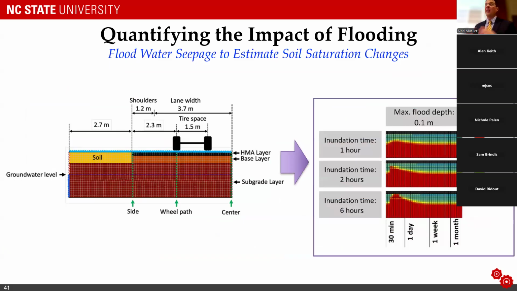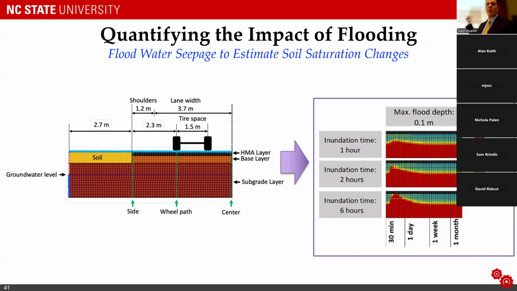One of the things we do to do that is try to estimate how water moves through the pavement surface. So we use modeling to try to estimate. You can see this is a C2D model, if those of you that may know about this. And we can actually simulate an inundation on that pavement surface and identify how this water moves through the soil.